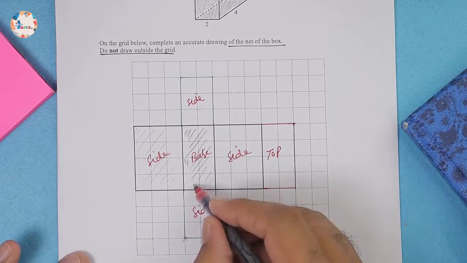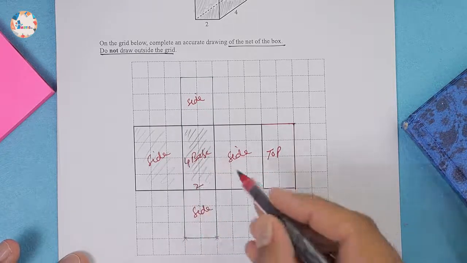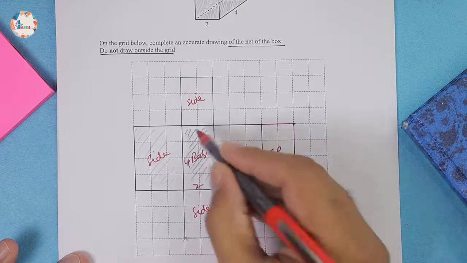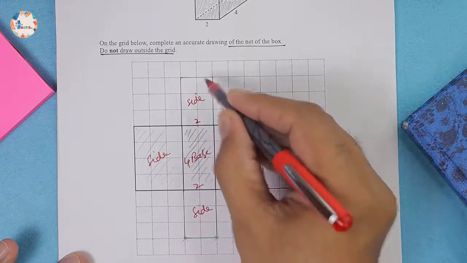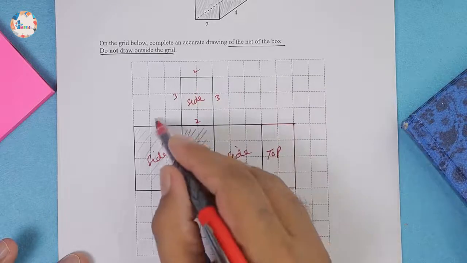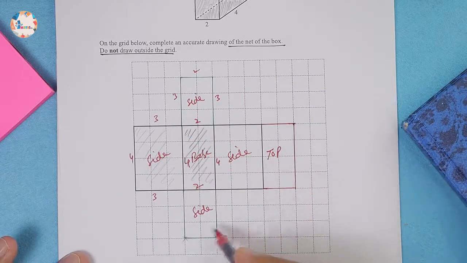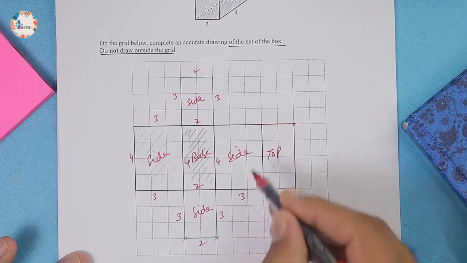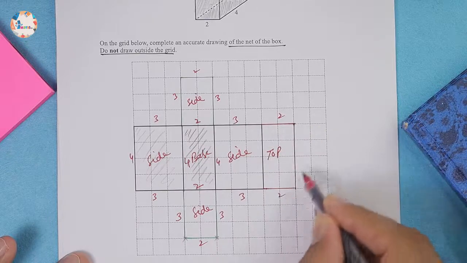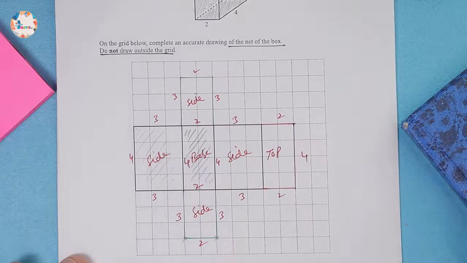Now we know this is 2 and 4 units. This is 4 units, this is 2 units, this is 3 units, 2 units, 3 units, 3 units, 3 units. This side is 4 units, and this side is 3 units, 3 units, 2 units, 3, 3, 2, 2, and 4 units. So these are the measurements.